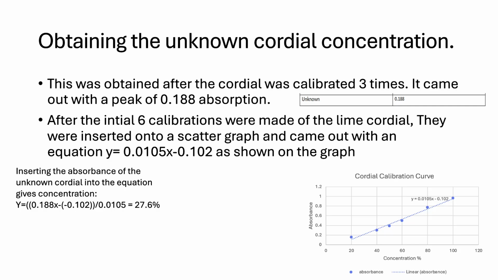Now then, with this line equation, we can insert the unknown into this, which gives us 0.188 minus negative 0.102 divided by 0.0105, which gave us a concentration of 27.6%, which is our final concentration of the cordial.